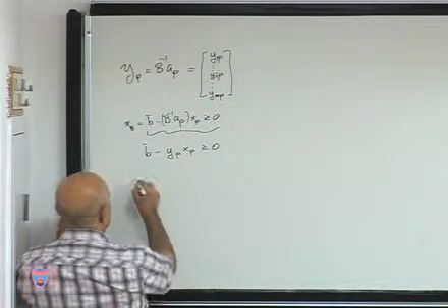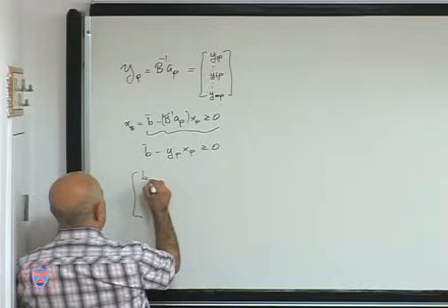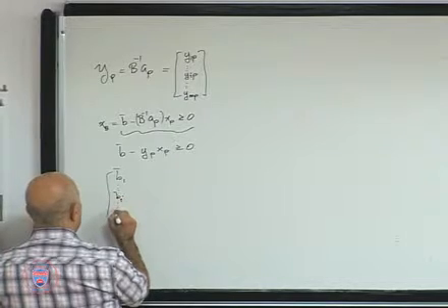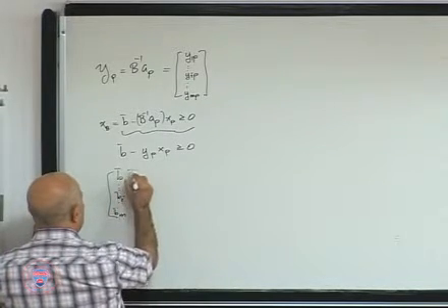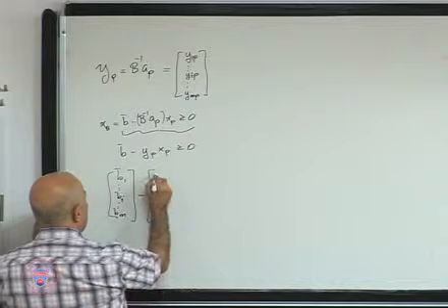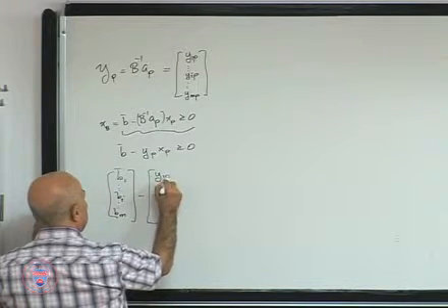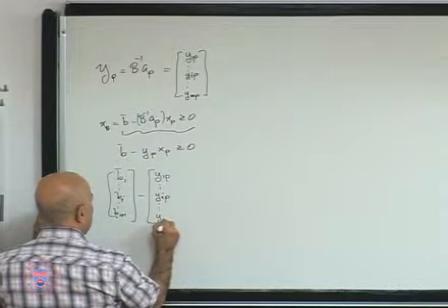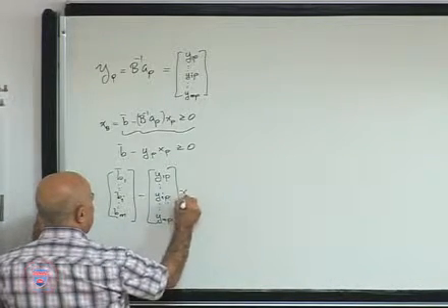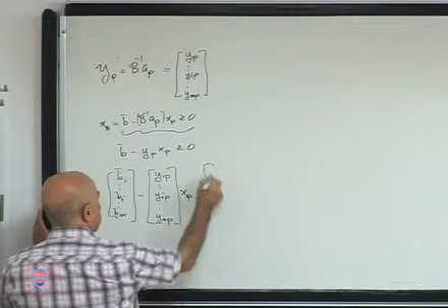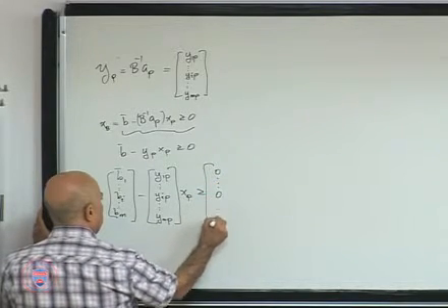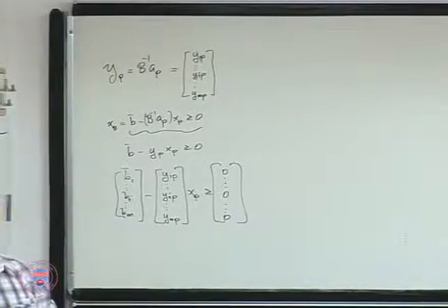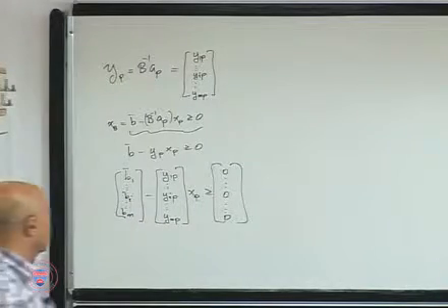And if you write this in equation form, of course, you have the following. b1 bar, bi bar, bm bar minus y1p, yip, ymp times xp greater than or equal to 0. That's the inequality system we're talking about when you impose non-negativity on xp.